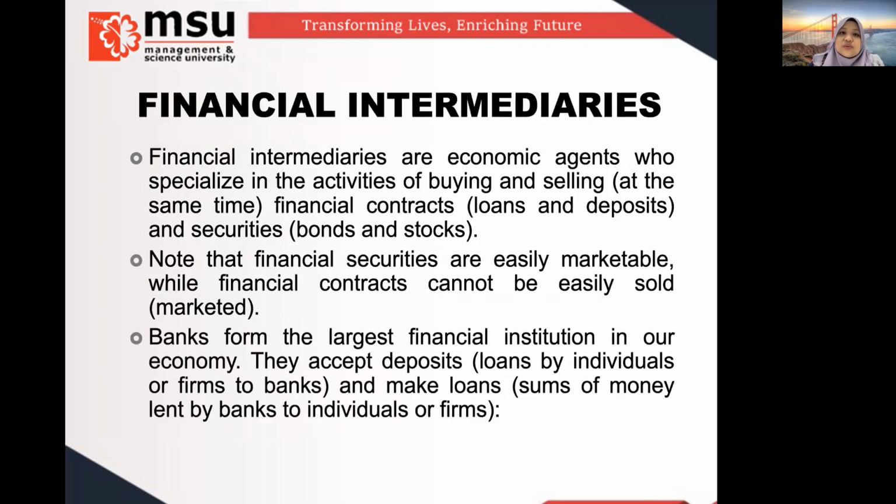So we know the securities, we know the financial market. Different types of financial securities will be traded in their respective financial markets. All right, for example, the financial instruments stock and bond will be traded in the capital market.